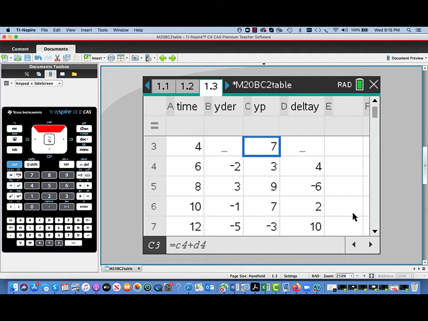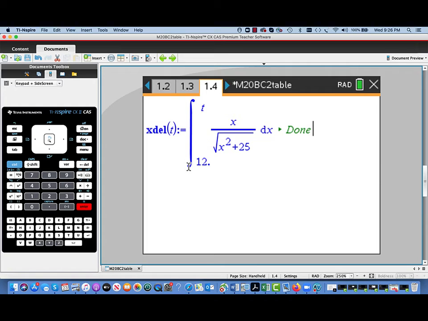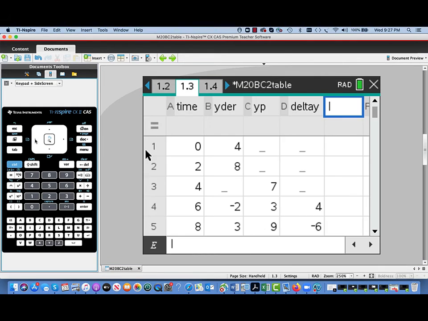With Euler's method, we actually have approximations of positions for the times between t equals 12 and t equals 4. Let's go ahead and compute the x-coordinate positions at those same times, except now we'll be able to do those exactly. On the next page, you'll see that I've defined something called x del of t, and that gives us our change in the x-coordinate from time t equals 12 to any time t. We're going to use that to generate the x-coordinates for those same times that Euler's method gave us approximations for y-coordinates.